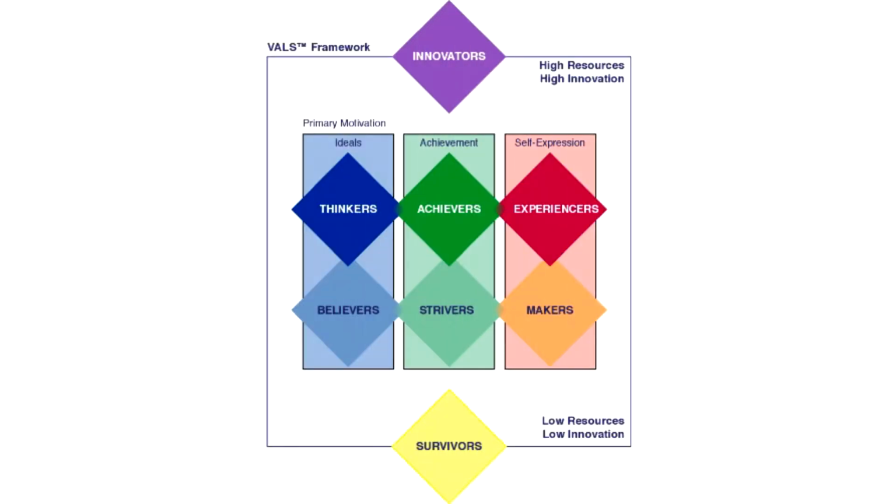Now, we are exploring one of the most well-known tools for psychographic segmentation, VALS, or Values and Lifestyles, as developed by SRI Consulting. VALS divides adult U.S. consumers into 8 VALS profiles, which are innovators, thinkers, achievers, experiencers, believers, strivers, makers, and survivors.